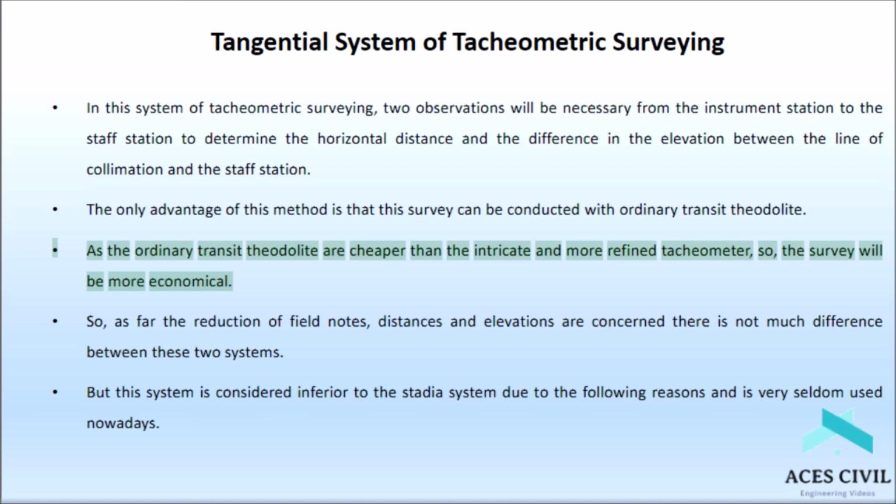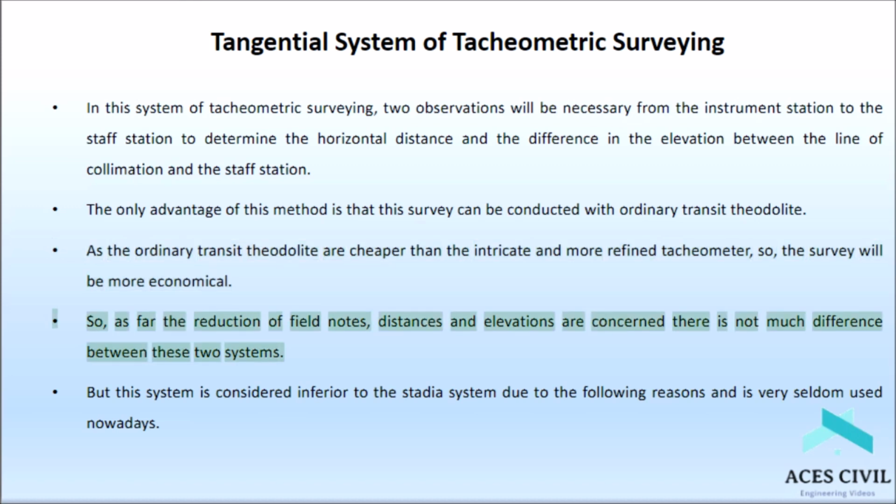As ordinary transit theodolites are cheaper than the intricate and more refined tacheometer, the survey will be more economical. As far as the reduction of field notes, distances, and elevations are concerned, there is not much difference between these two systems. But this system is considered inferior to the stadia system for the following reasons and is very seldom used nowadays.